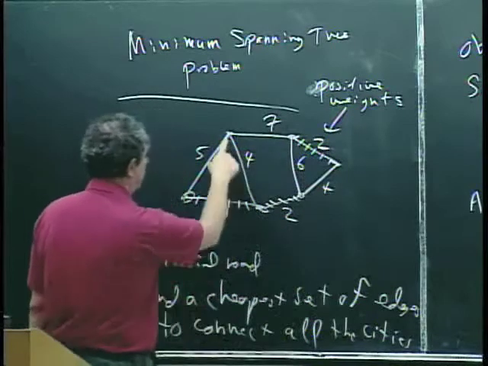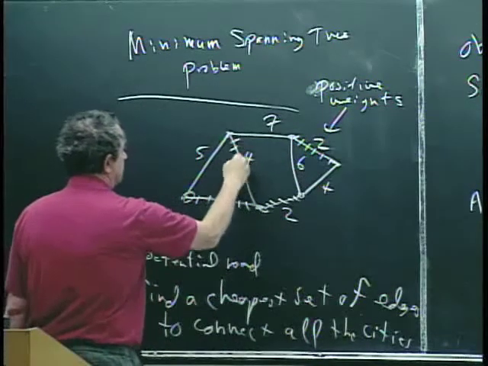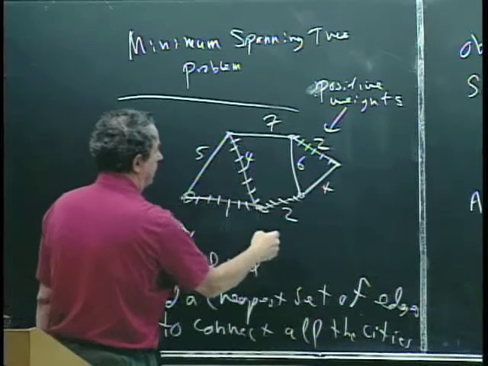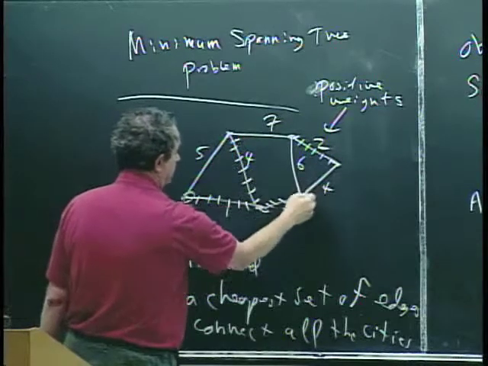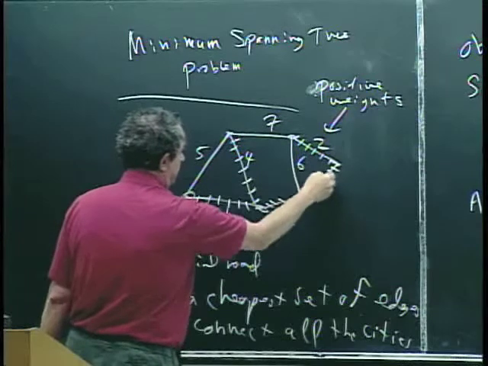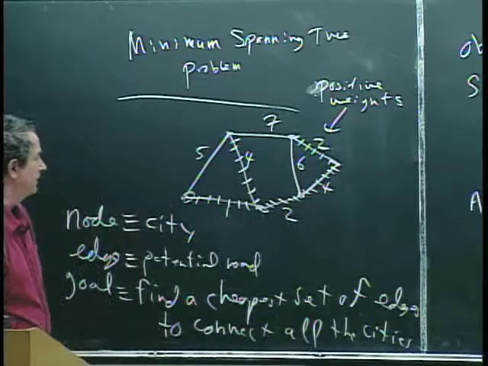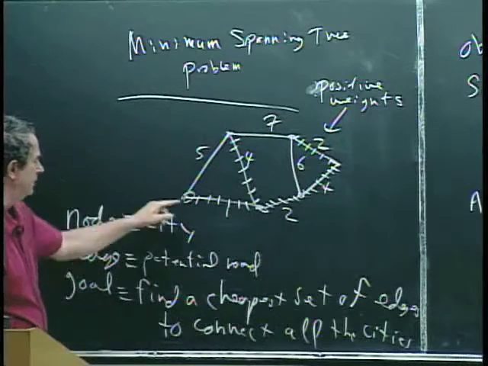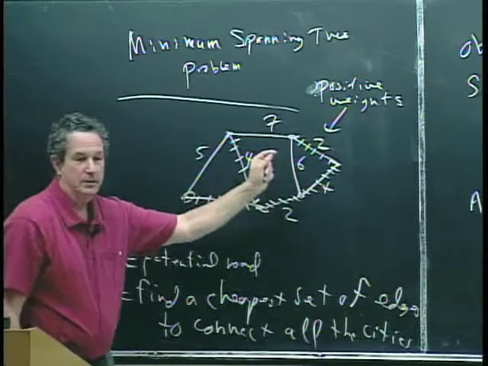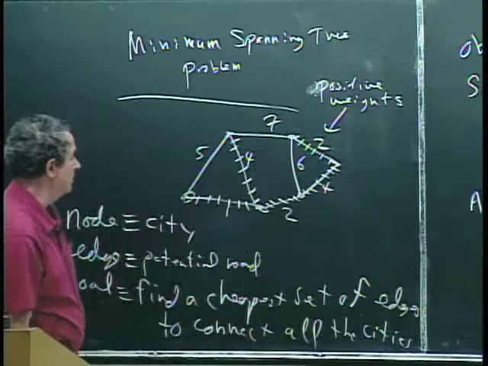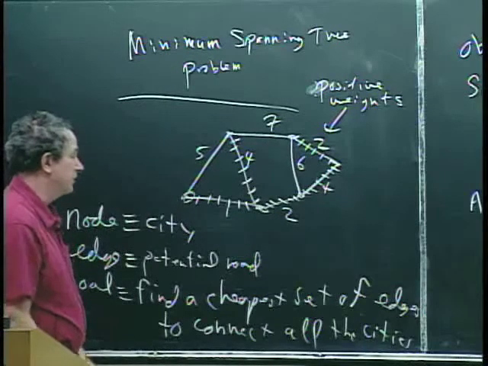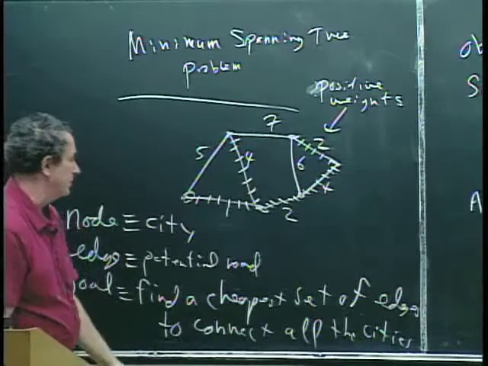Maybe to get over to here, we use this 4, and we still haven't gotten over from here to there. There's a 4. Okay. Does that connect everything together? Yeah, it does. Is that the cheapest total way to do it? Looks to me like it is, and we'll see more systematically in a minute.